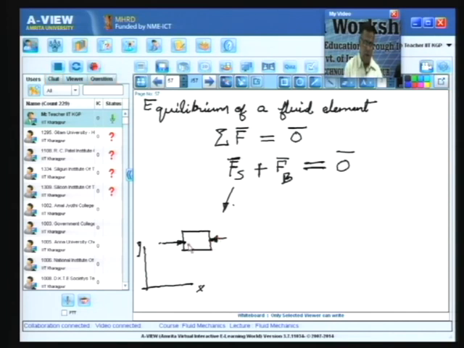If I call this a left point L and the right point R, the net surface force on this element in the x direction is going to be the difference of the two pressures, P L minus P R, into the area element perpendicular to the x direction.